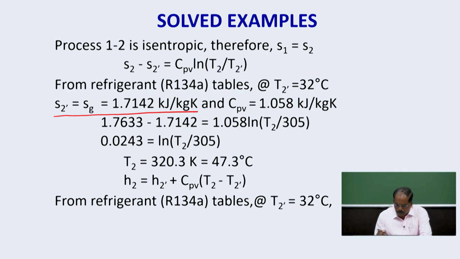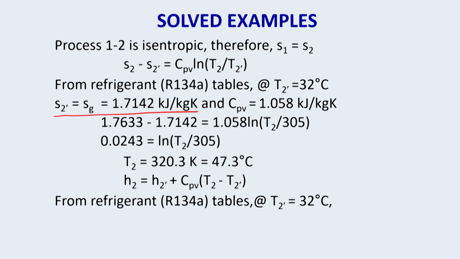Now we need to take the Cp value. Since we don't know the temperature T2, instead of taking the average of T2 and T2 dash, we have to take whatever Cp value corresponds to T2 dash from the table.